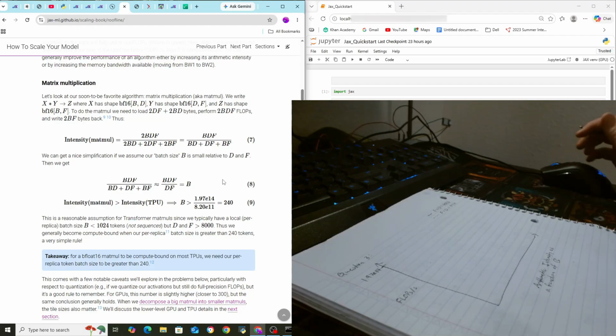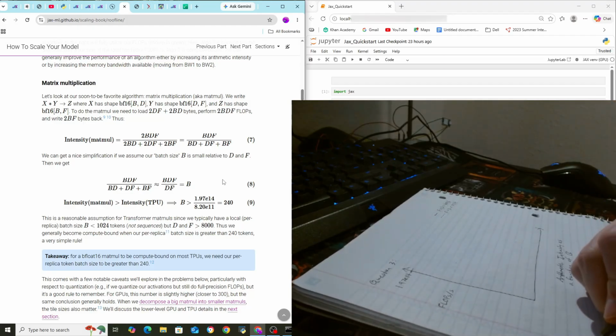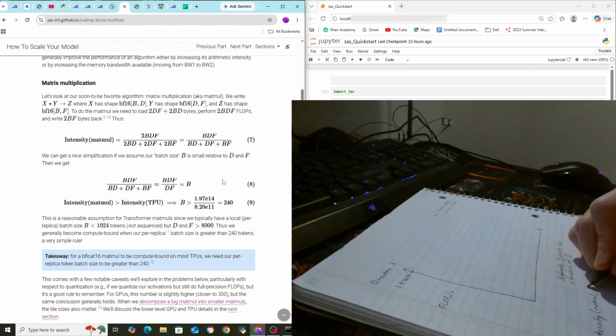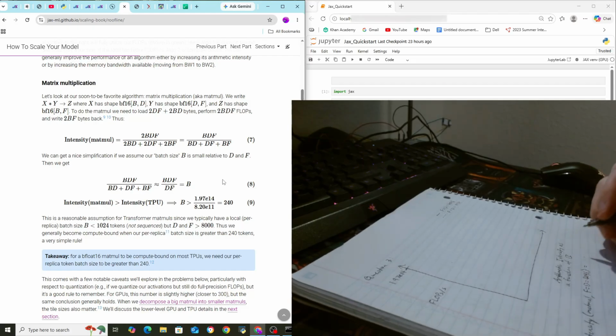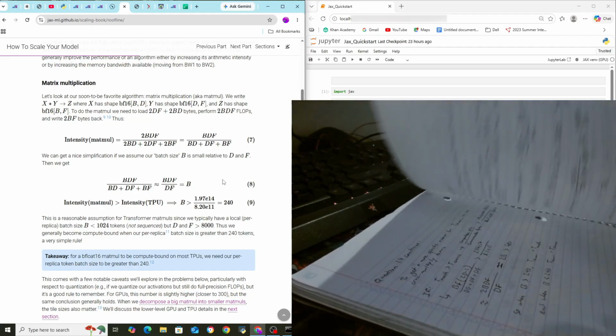The intensity of matrix multiplication for F equals D equals 4096, what was that again?